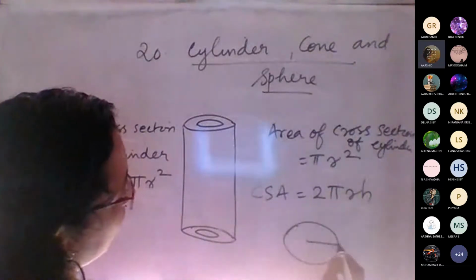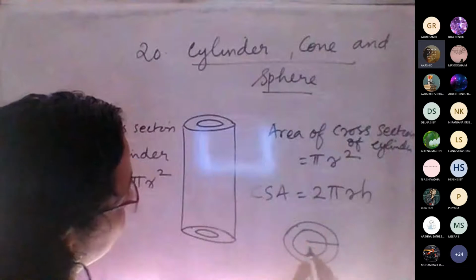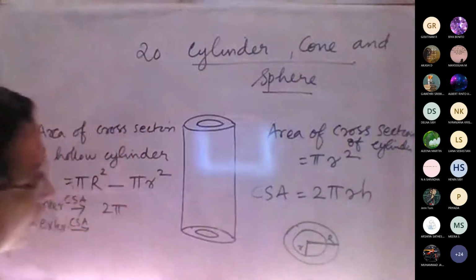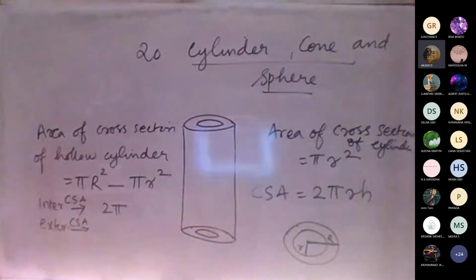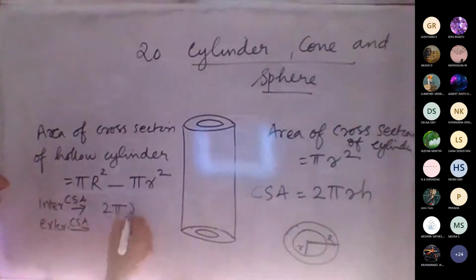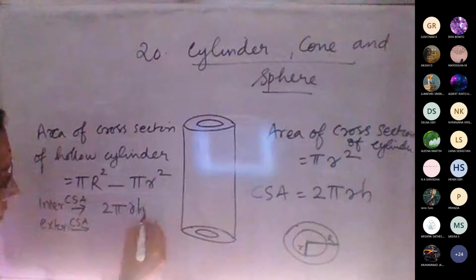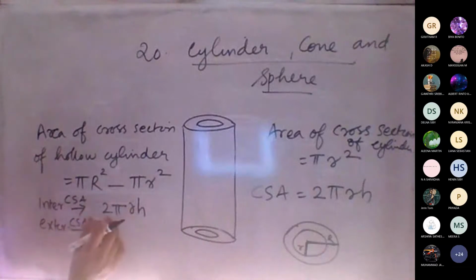Internal means small r, so 2 pi small r h is the internal curved surface area.